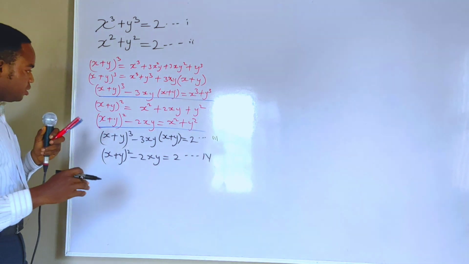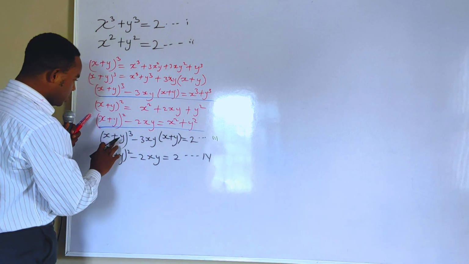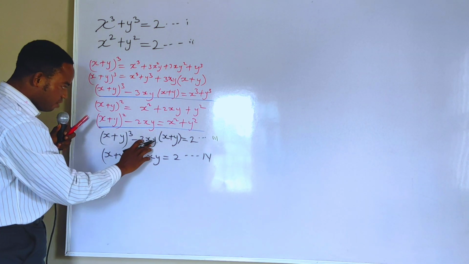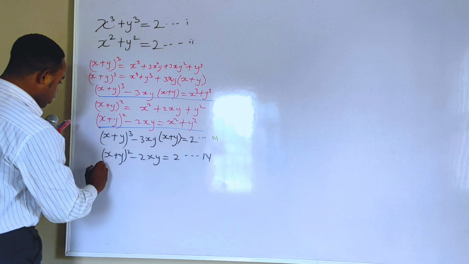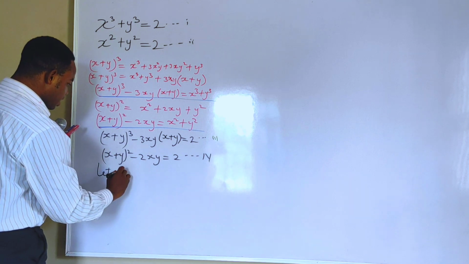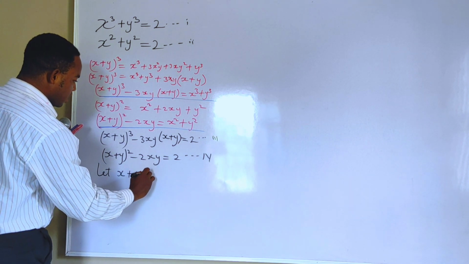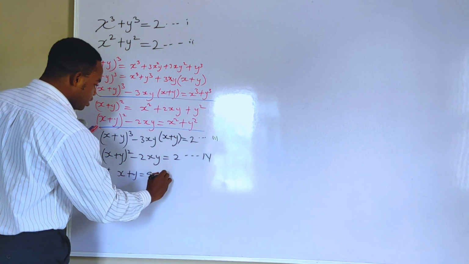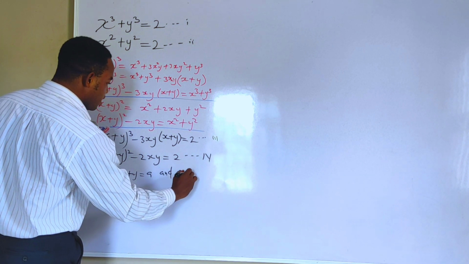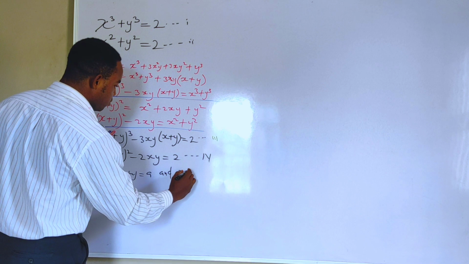Now at this point, you'll notice we have x plus y and we have xy. What we are going to do is let x plus y equal to something like a, and let xy equal to something like b.